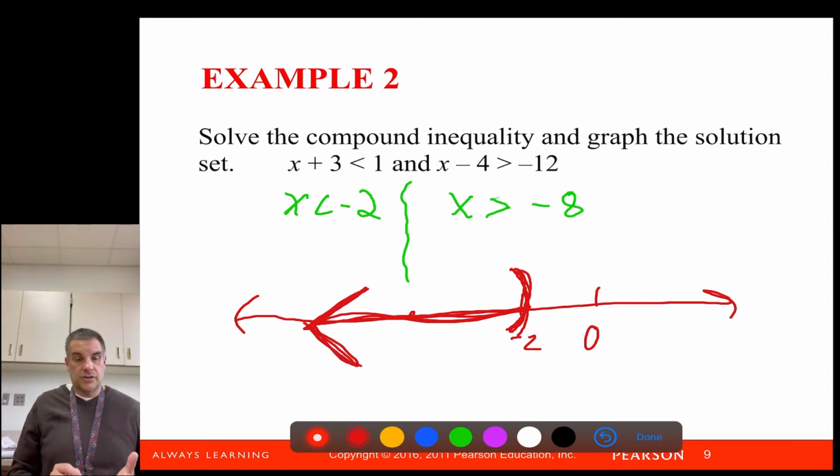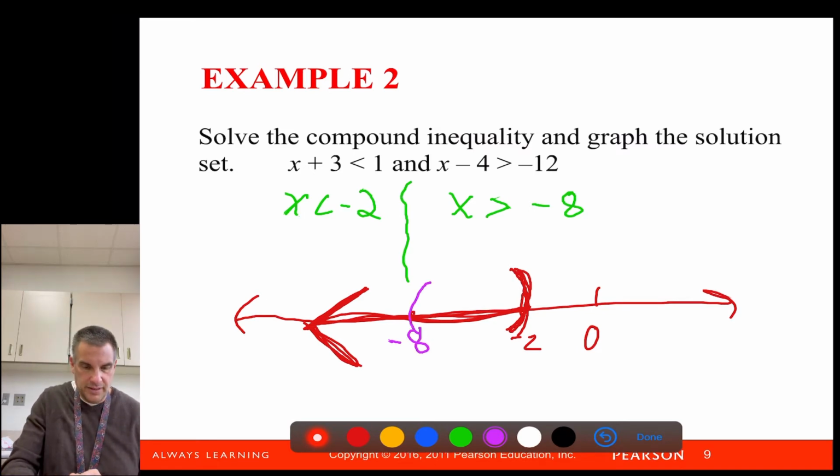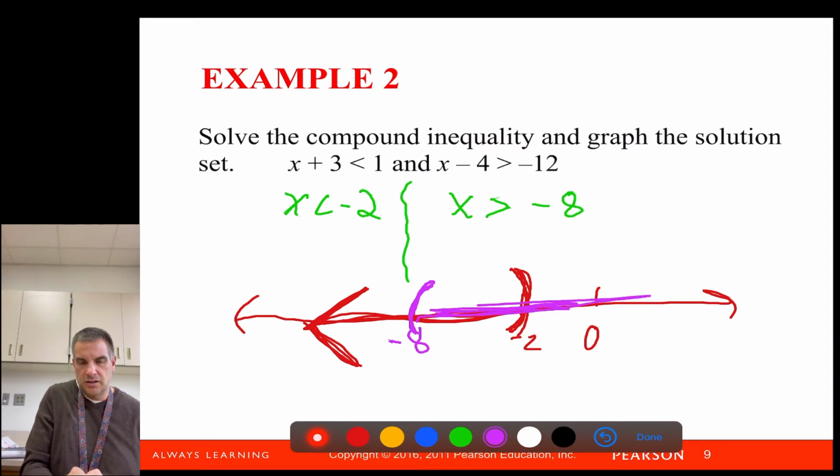So that's the first one. Now I'm going to graph X is greater than -8. So there's -8. It's going to be a parenthesis again, going in that direction because X is greater than -8. So that's all of the solutions in that direction.